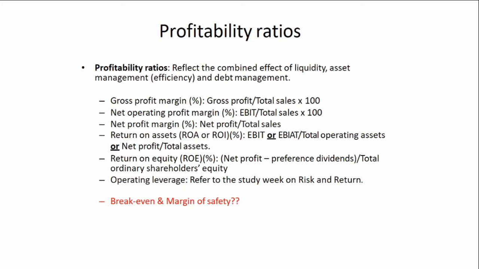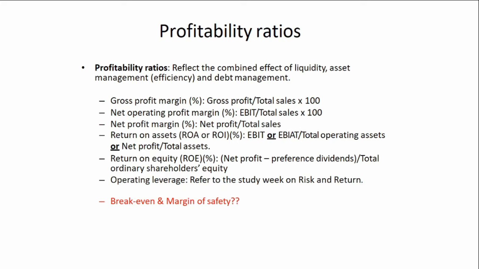When we look at our return on assets ratio, which is also commonly referred to as ROI, there are different ways we can calculate it. So we can calculate it by taking our earnings before interest and tax divided by our total operating assets, or we can calculate it by taking our earnings before interest after tax divided by our total operating assets.